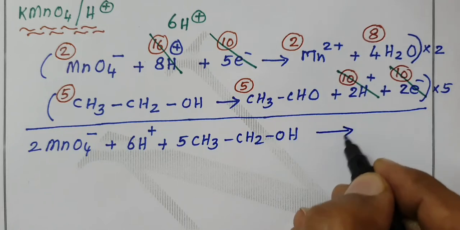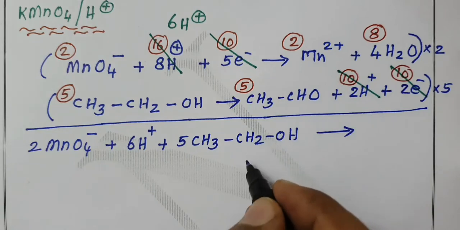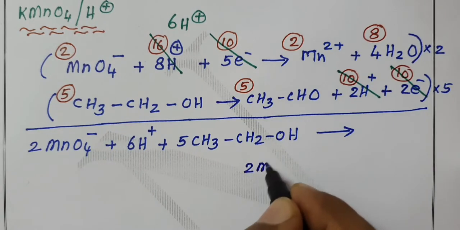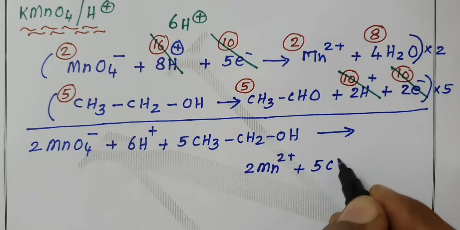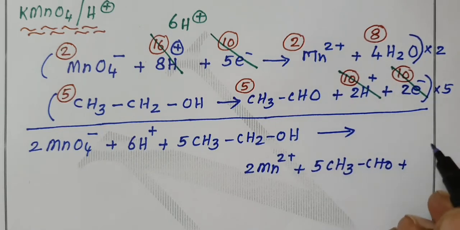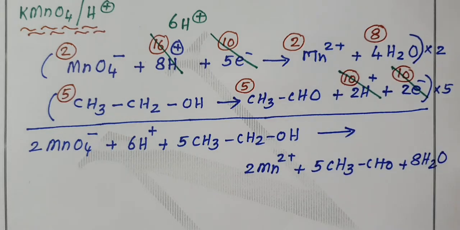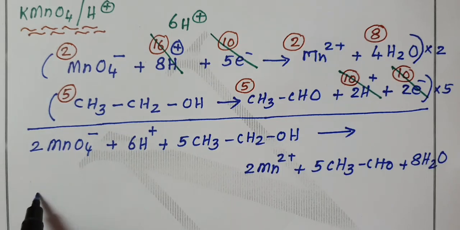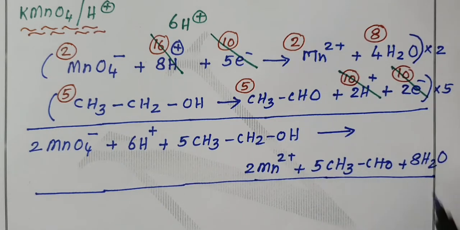Then come to the product side: 2 moles of Mn2 plus, plus 5 moles of acetaldehyde, CH3CHO, plus 8 molecules of water. So this is the balanced ionic equation for oxidation of ethyl alcohol into acetaldehyde.